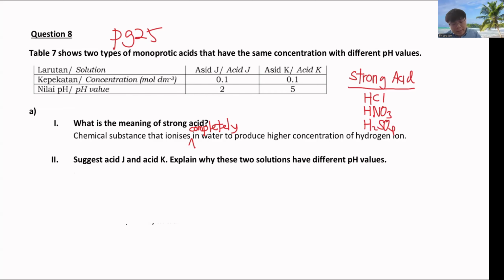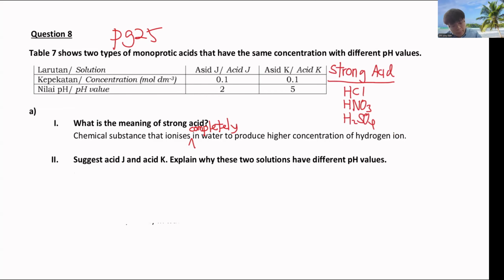For the weak acid, you need to memorize only one, which is your ethanoic acid.